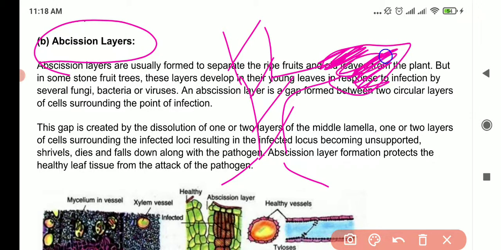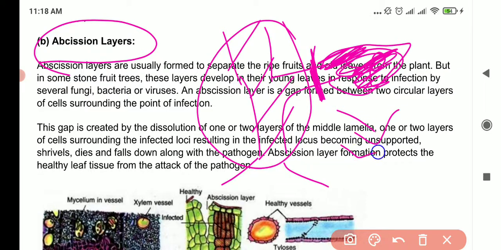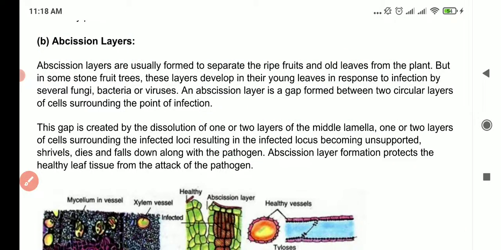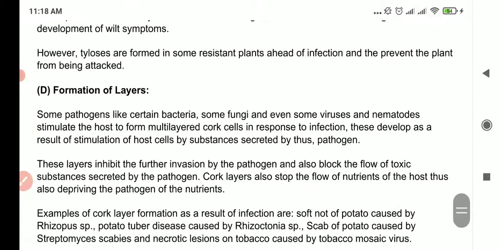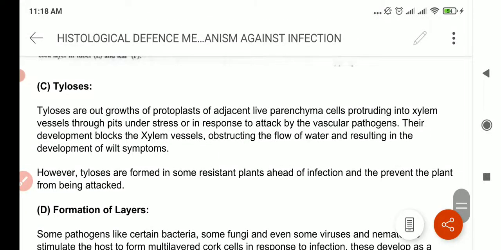So that the rest of the healthy plant is saved, the walls of the cells will separate themselves and just drop off the infected part. So this leaf will fall off, the infected part will fall off, so that the rest of the plant is protected. The writing and diagrams are already so nice, so I don't really need to explain that much.